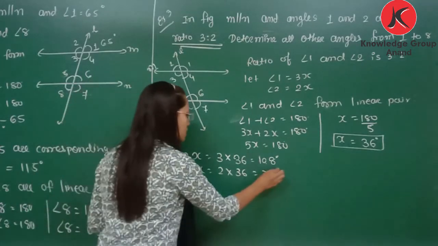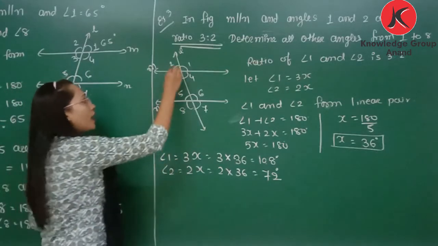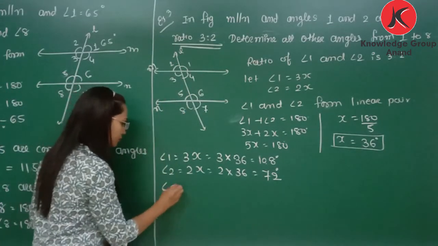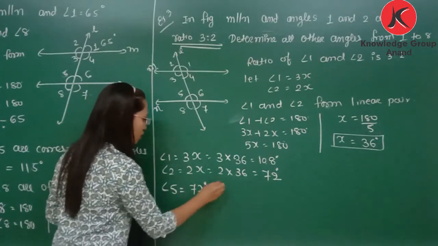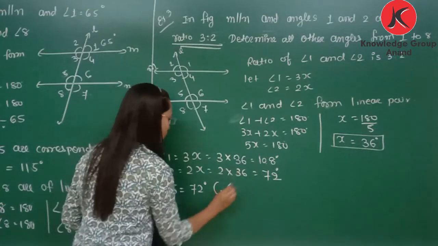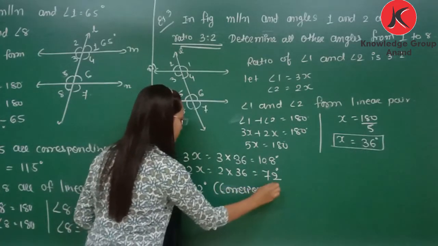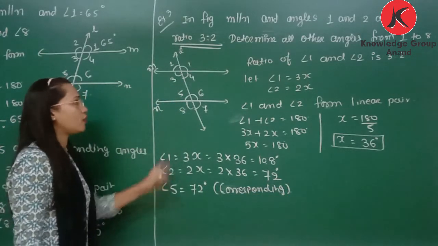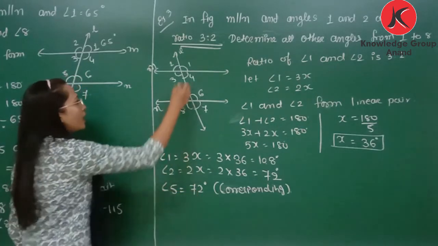So angle 1 is 108 and angle 2 is 72. Now angle 2 and angle 5 are corresponding angles, because angle 2 and angle 5 are corresponding, that's why angle 5 is also 72.